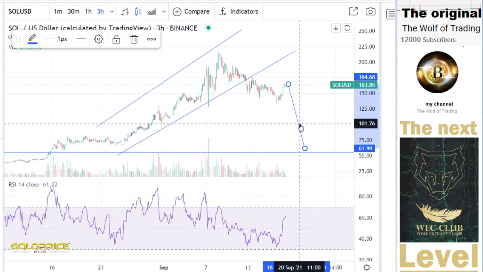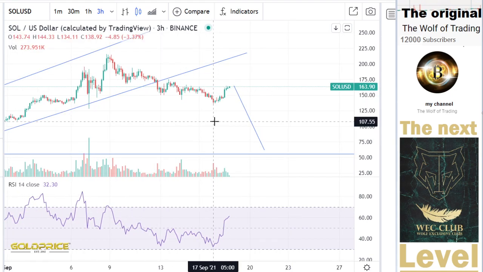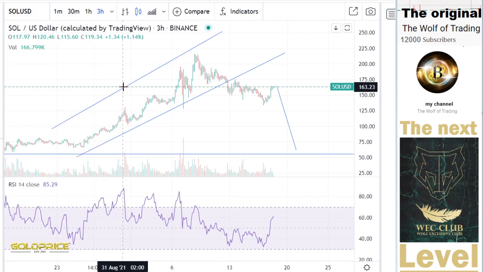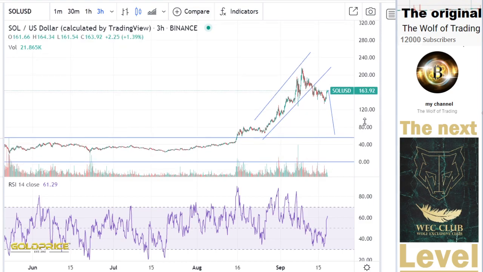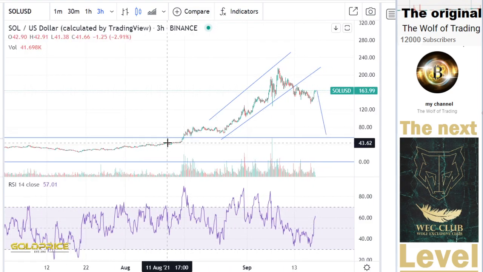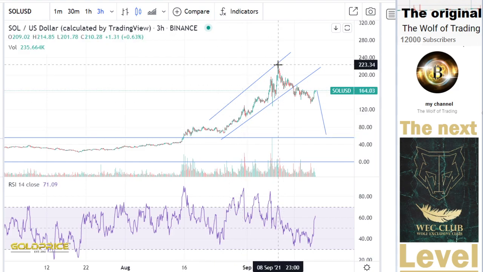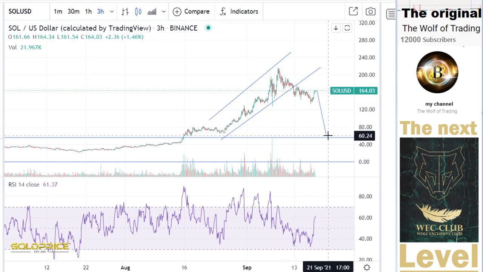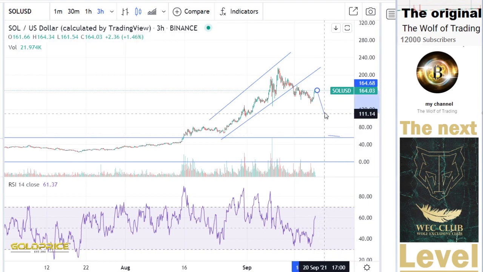Why I think that the price will go to the downside is relatively easy, because if you look at this level here, you can see that the price was rising to the top side. Now we break this to the downside and make a retest, and that means the next move is to these levels.